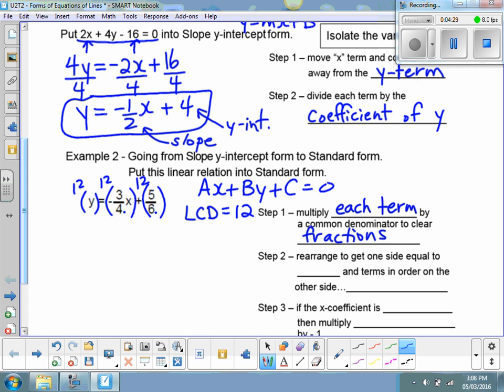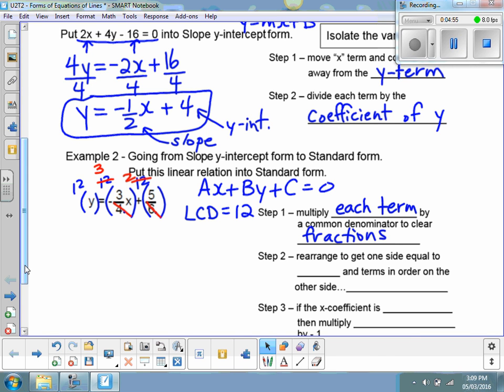And the reason that I'm multiplying by the lowest common denominator is to clear the fraction. So what happens here is I can divide 4 out. 4 goes into 12 3 times. So now that fraction's gone. And with the 6, 6 goes into 12 2 times. So now that's gone.